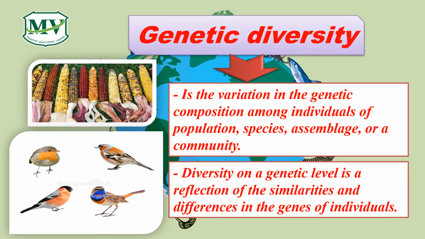These differences are mainly due to meiosis, whereby different combinations of genes are transmitted from one generation to the next. The genetic diversity of a species paves a way for the species to adapt to the changing environment. Examples for genetic diversity as what we have here are assorted colors of corn and birds with different colors of feathers.